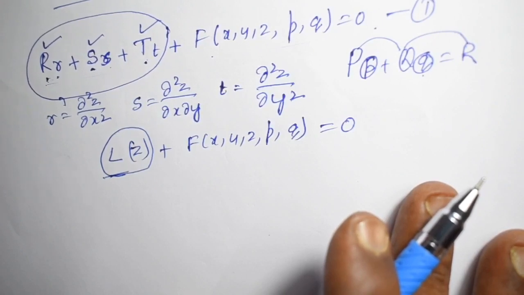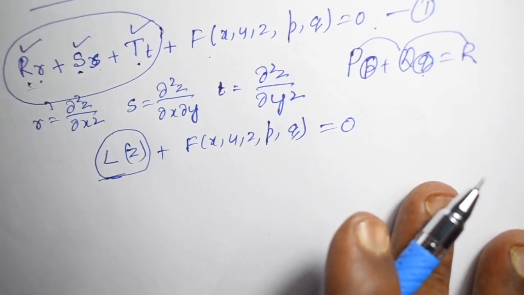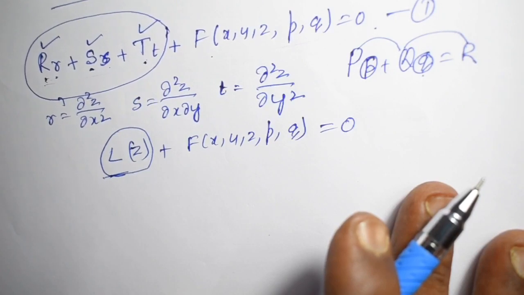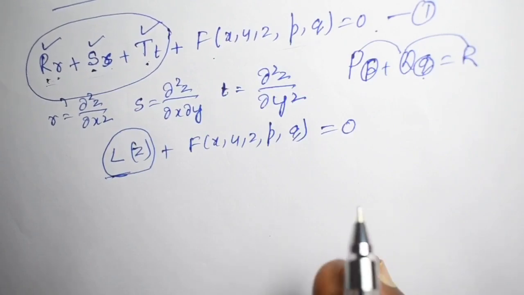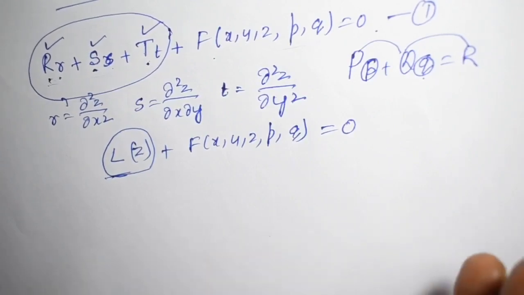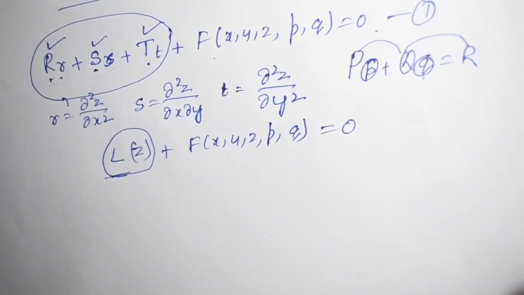We are going to transform, not reduce, one form of the equation to another form. If it is second order, our transformed equation will also be second order, but the nature of the equation will be different, so you can easily find the solution.